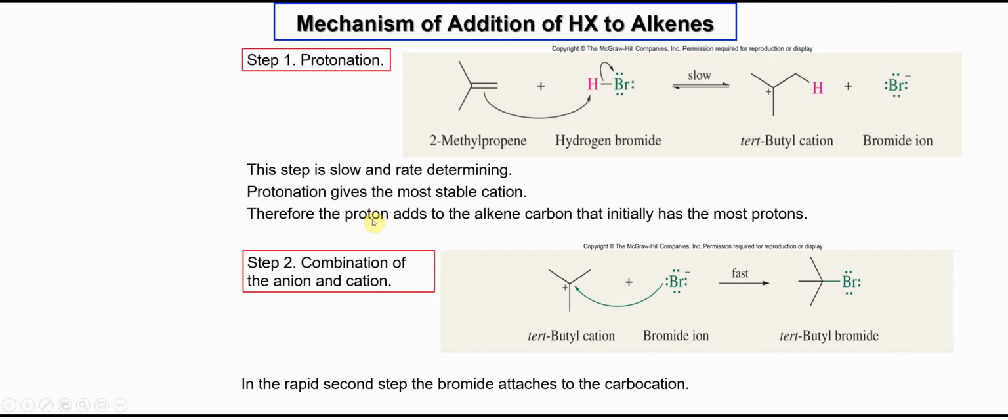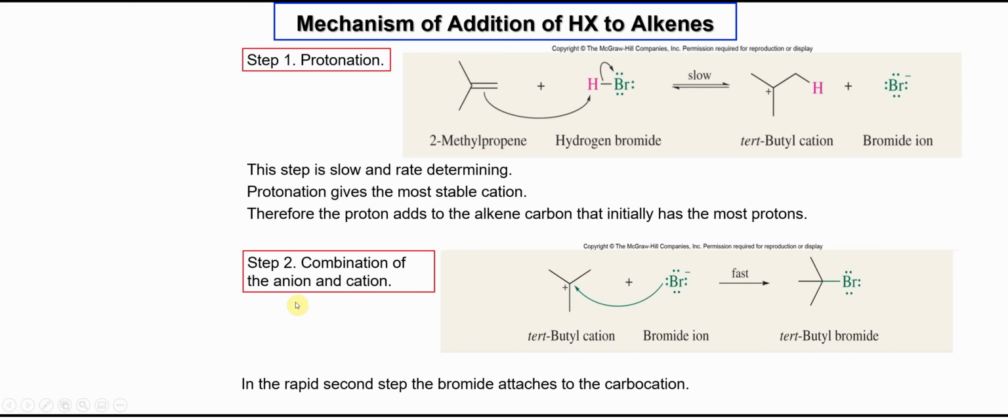Therefore, your proton adds to the double bonded carbon which initially has the most protons. When you add 1 more proton, the other carbon becomes a carbocation with a more stabilized charge.